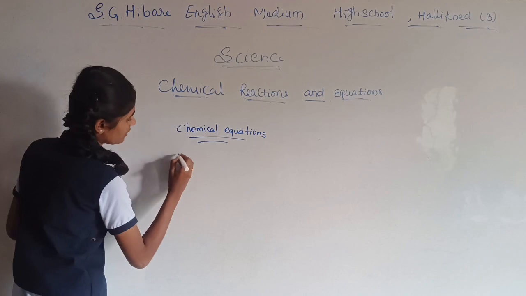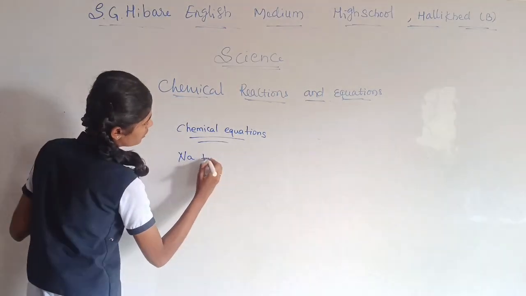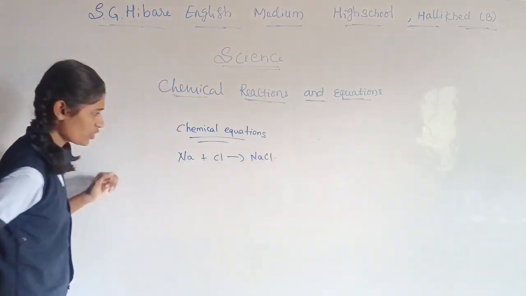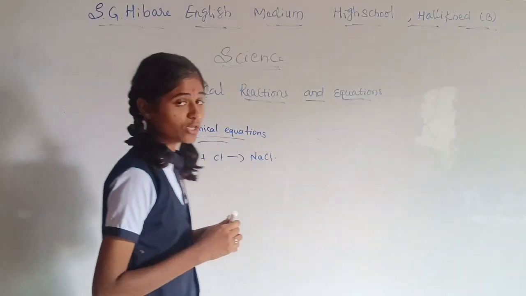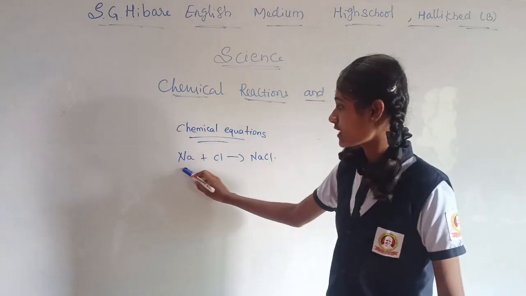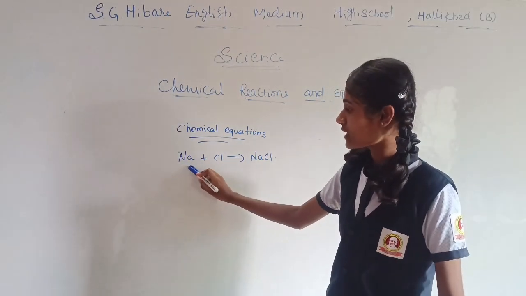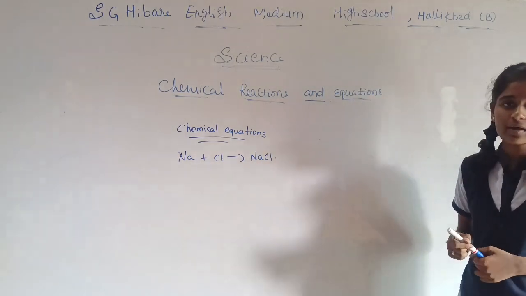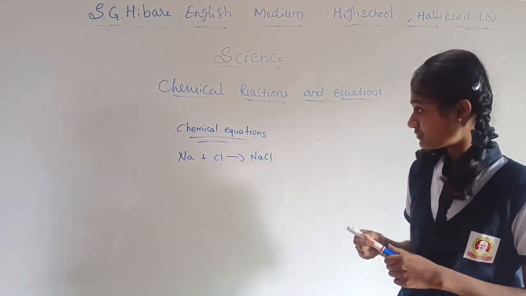So instead we can write sodium as Na, chlorine as Cl, and NaCl. So it is saving our time, yes or no? Yes. So chemical equations are a symbolic representation, meaning we represent them as symbols, as a formula.